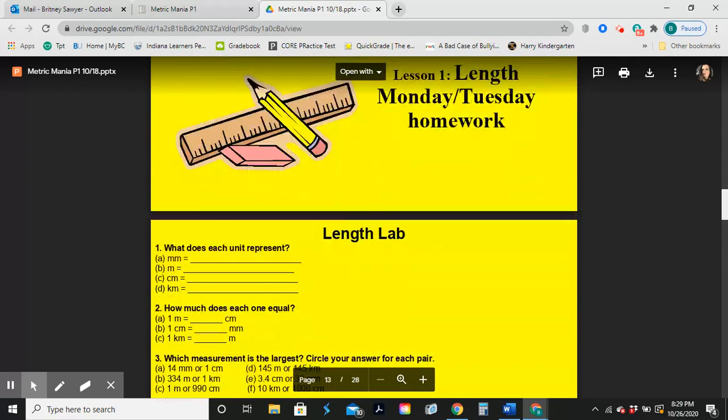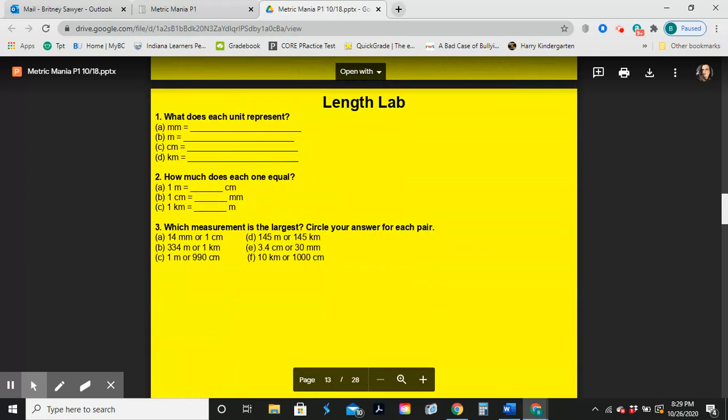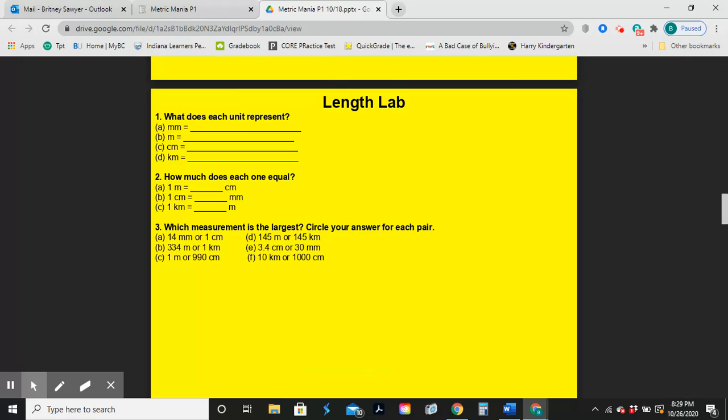Okay. For your homework, you're going to tell me what each one of these represents right here. Then you're going to tell me 1 meter equals how many centimeters. 1 centimeter equals how many millimeters. Okay. 1 kilometer equals how many meters. Okay. Which measurement is the largest?